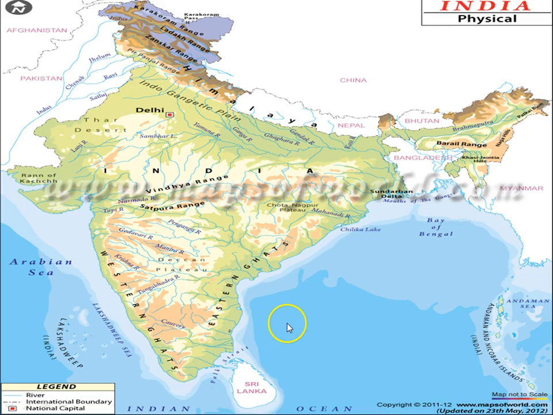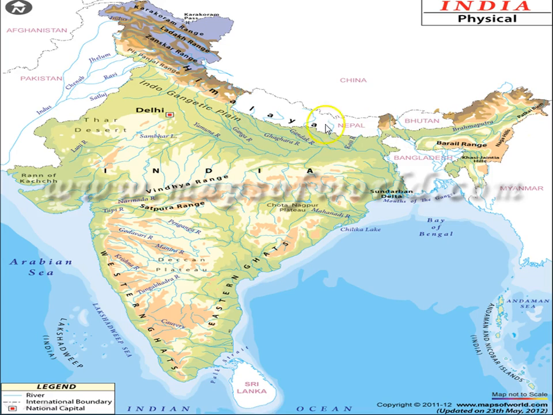Let's quickly have a look at our physical map. So here is the whole of Himalayas, right? The Himalayas are a continuous range of mountains running all across from Nepal, Bhutan, parts of Tibet as well, and then it makes a curve over here, and then it moves towards the southern side.